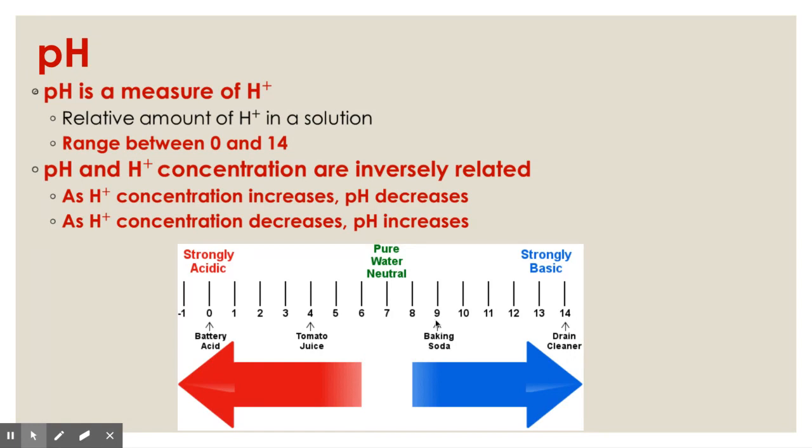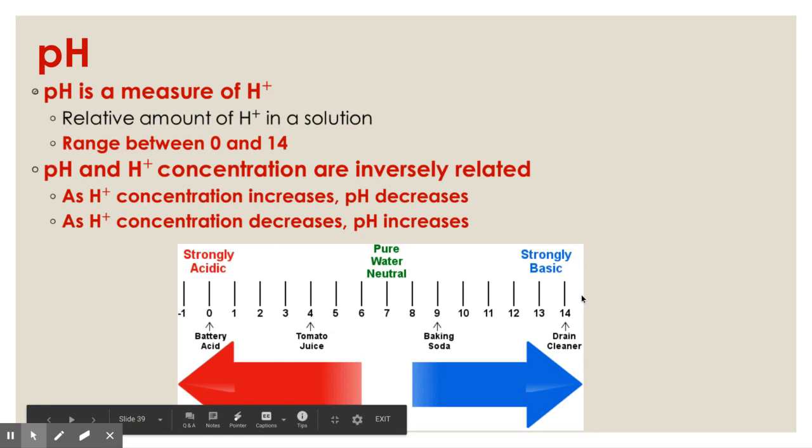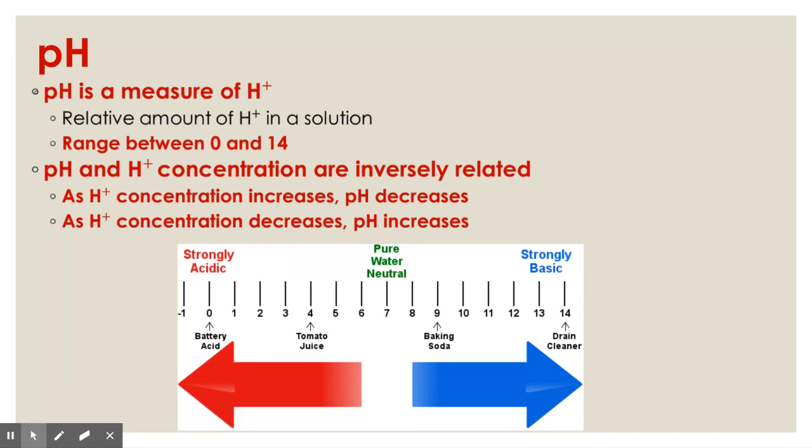If you're looking at the pH increasing, you are decreasing the hydrogen concentration. So lots of hydrogen over here, very little over here. If you have taken chemistry before, you may remember there is a pOH scale as well.